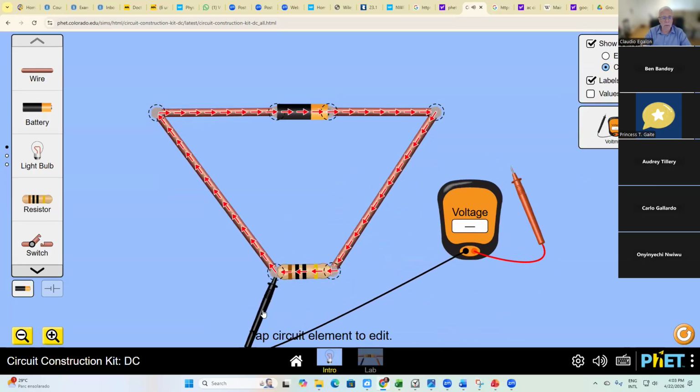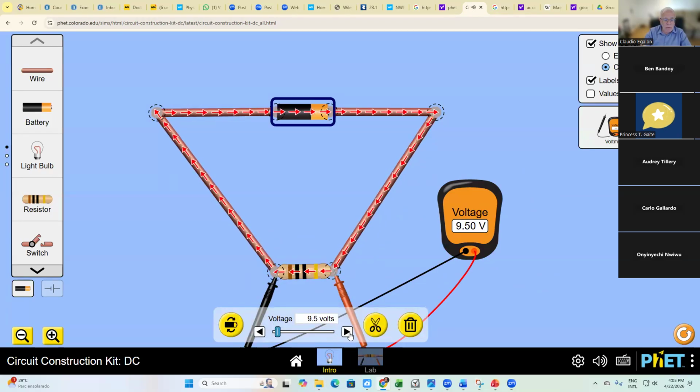resistor. But I have to put 10 volts here first. It's 9.5 right now. For this specific resistor, the voltage is going to be 10 volts. Actually, it's not going to change because it's a single resistor in a single circuit.